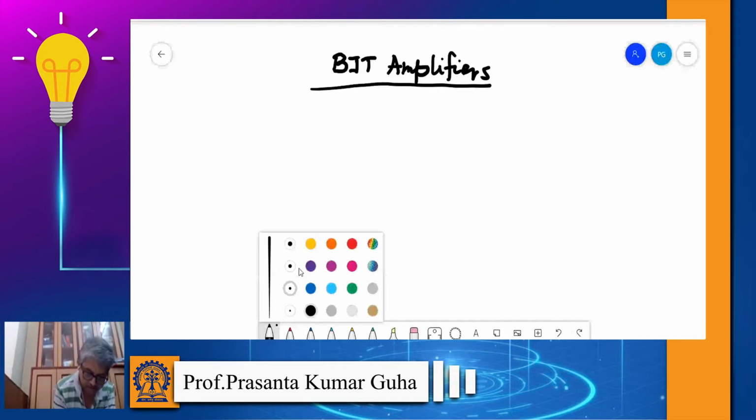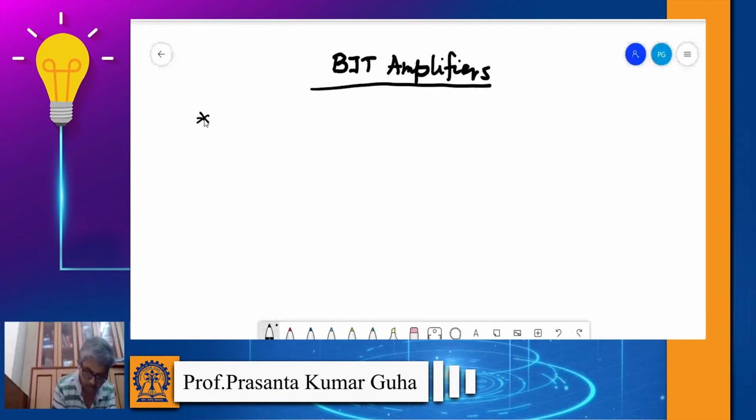We said that linearity is very important. This linearity will be assured, we mentioned, if we keep the BJT in the forward active mode.